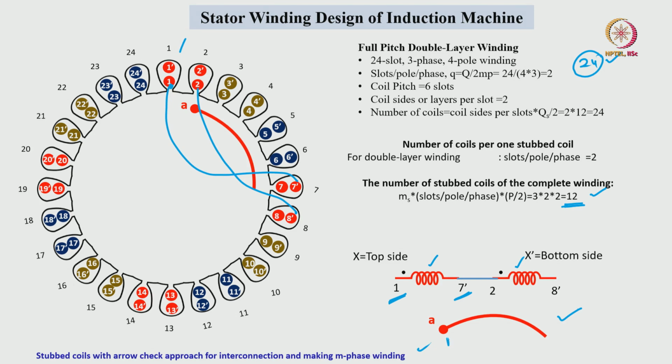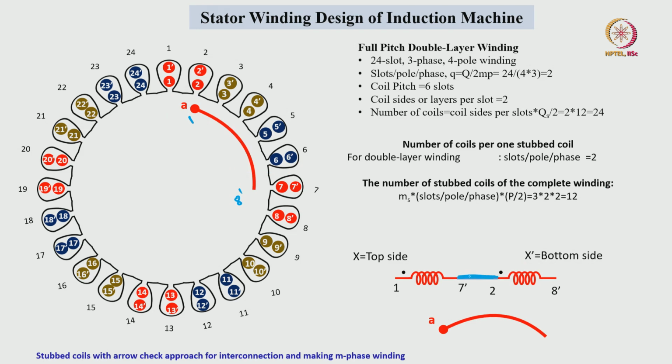The starting will be 1 and ending will be 1 dash. Same physical representation, for easy purpose we are representing as one stubbed winding in a virtual manner. So, this stubbed winding starting will be 1 and ending will be 8 dash. This connection we have to make with copper.